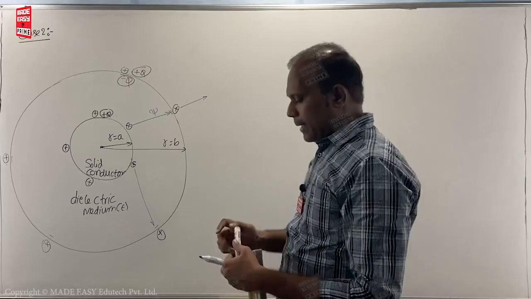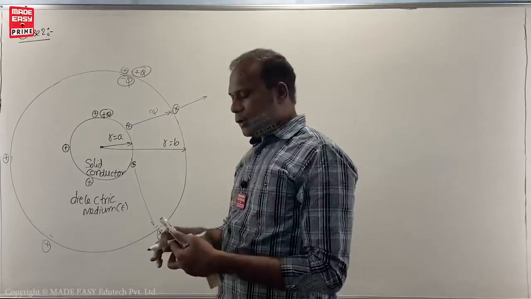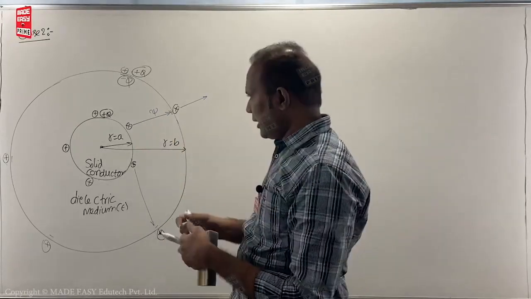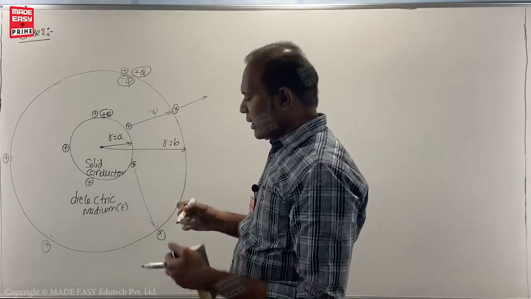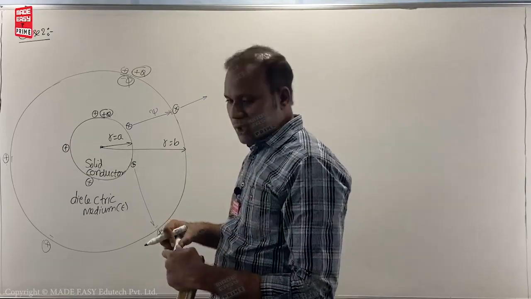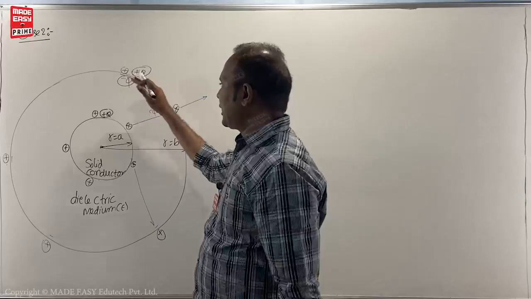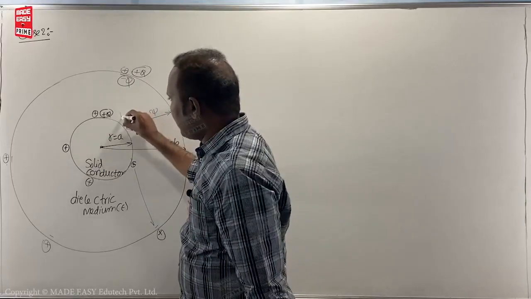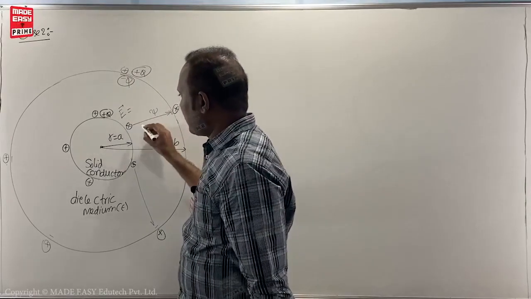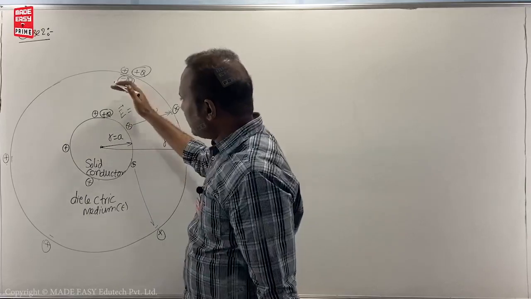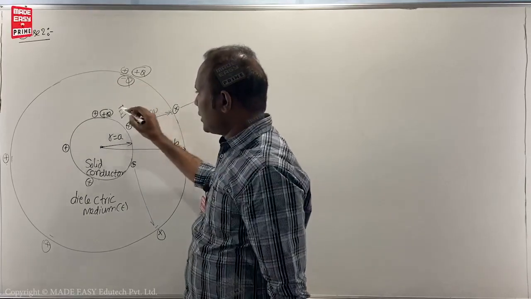So here the electric field equation is also present. What is the electric field equation in between the conductors? Answer, the electric field at this location is generated due to the Q charge.